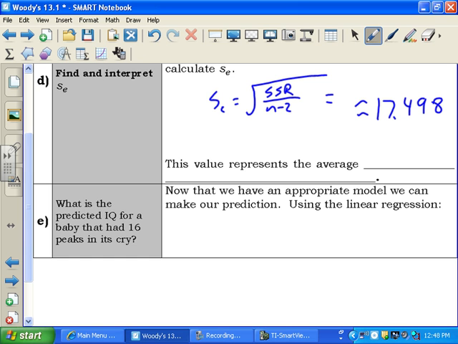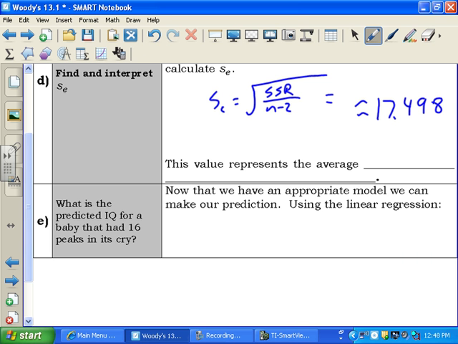All right. Once again, the definition of standard error: this value represents the average or typical deviation from each point on the least squares regression line. That's that normal distribution I said around each predicted value.